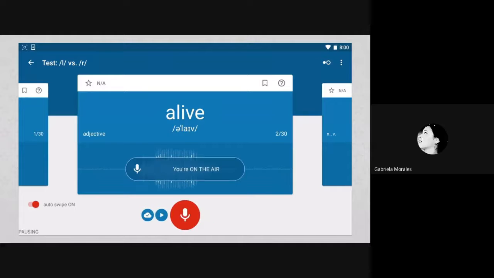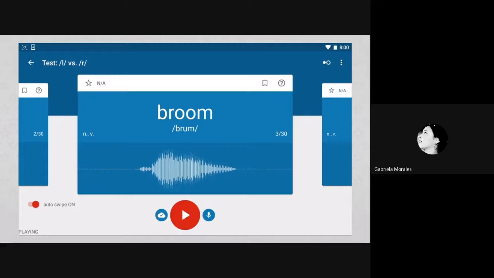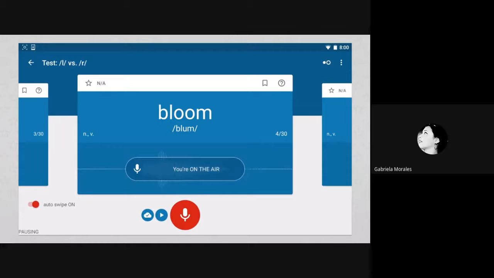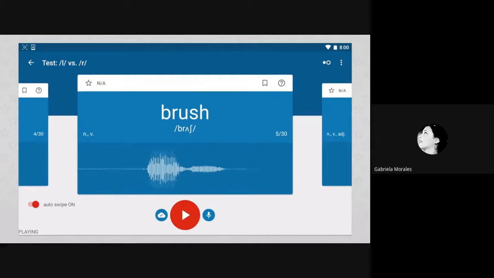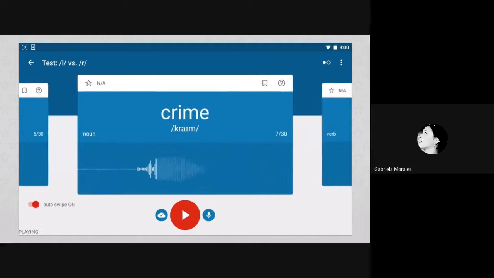Alive. Broom. Bloom. Brush. Blush. Crime.